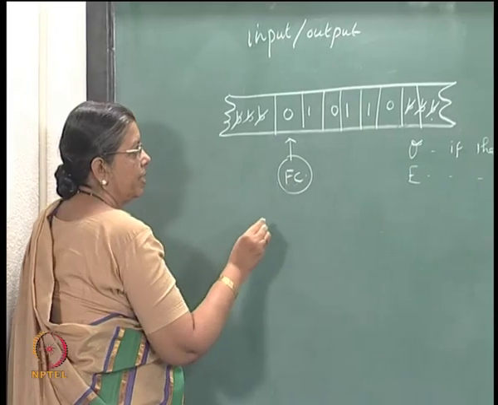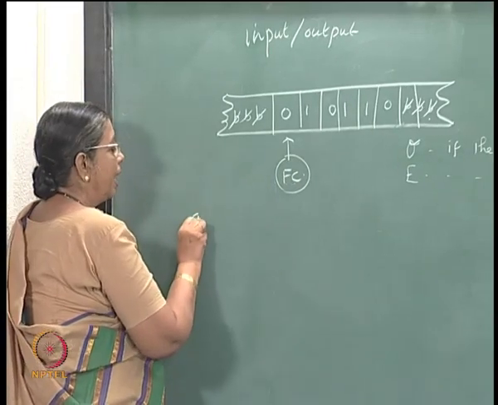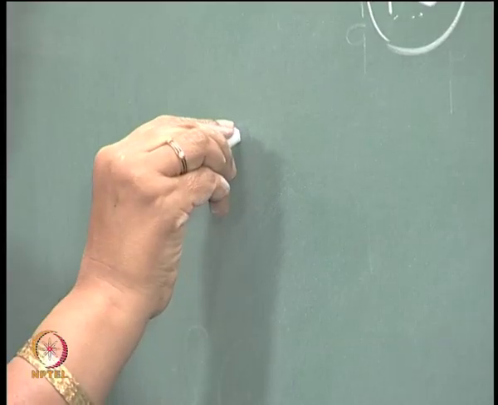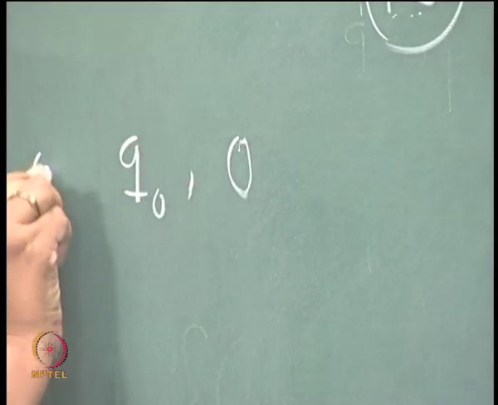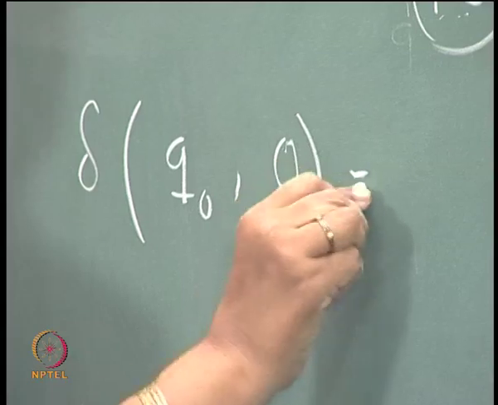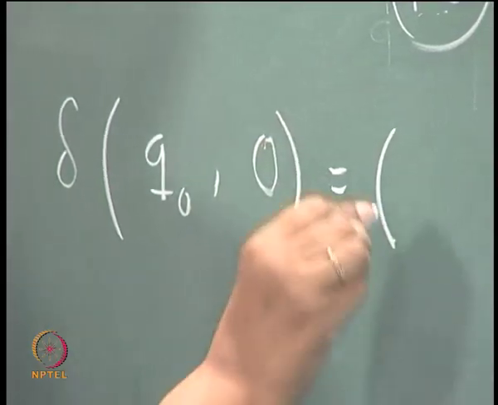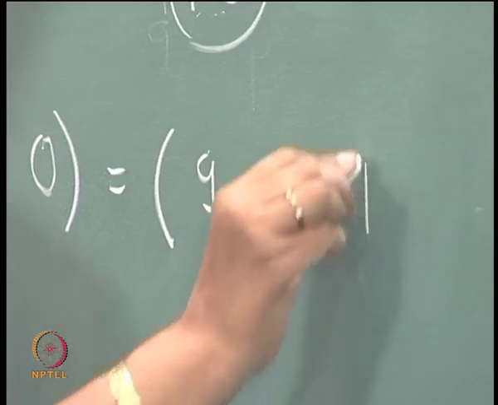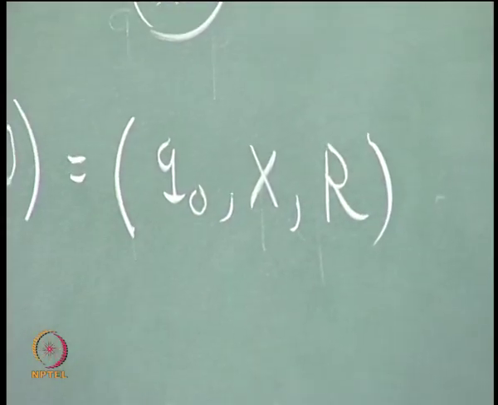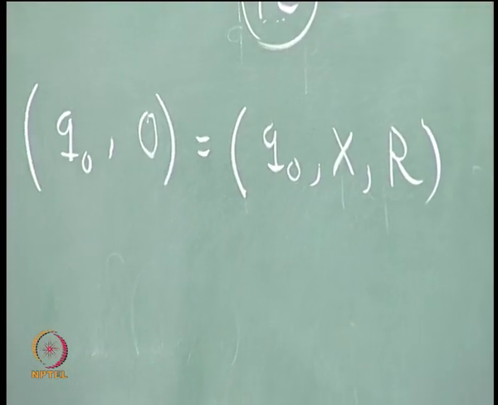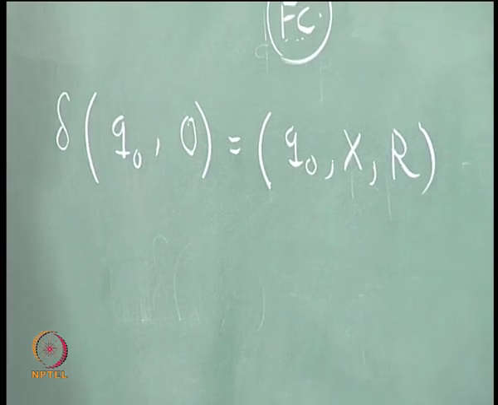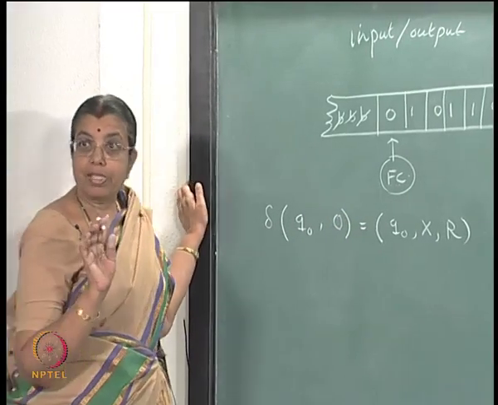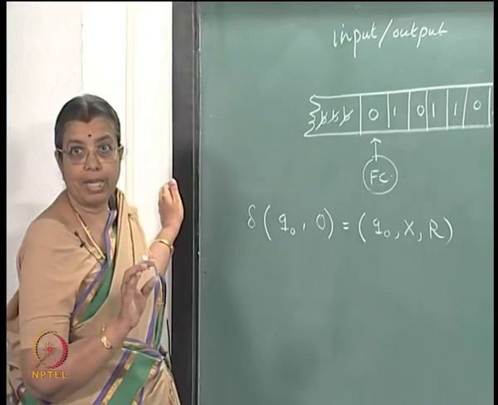Finite control is again state. So, in state q naught, if it reads a 0, it remains in q naught, prints an x and moves right. The mappings will be like this. We are considering deterministic Turing machines now. Next move is uniquely determined. Non-deterministic Turing machines are also there, we will come to that later.